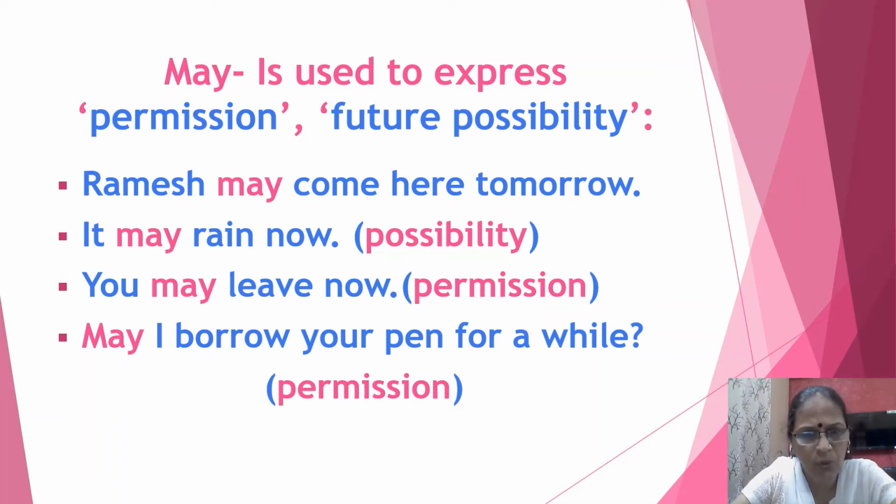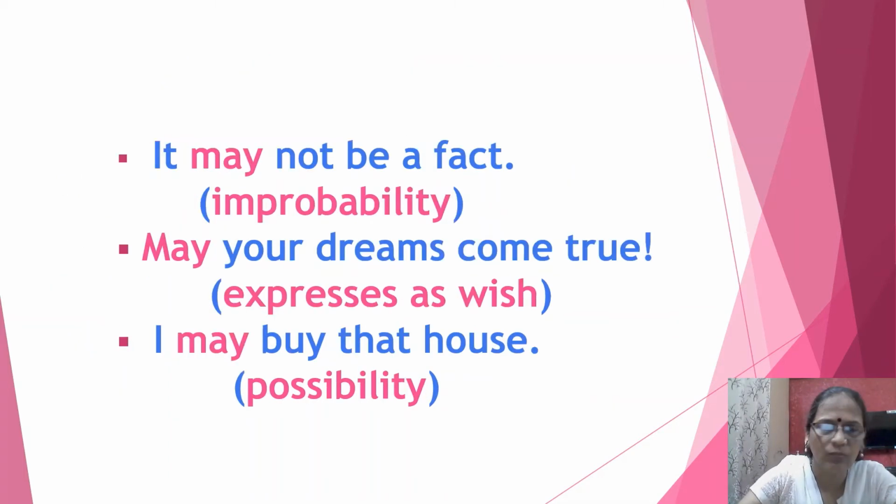May I borrow your pen for a while? In this example, may is used as modal auxiliary for permission. Now next, it may not be a fact. In this sentence, may is used as modal auxiliary.